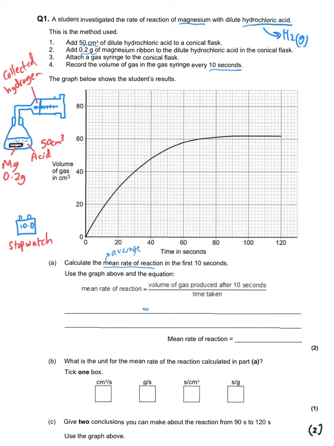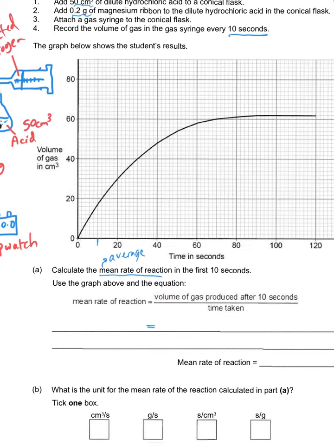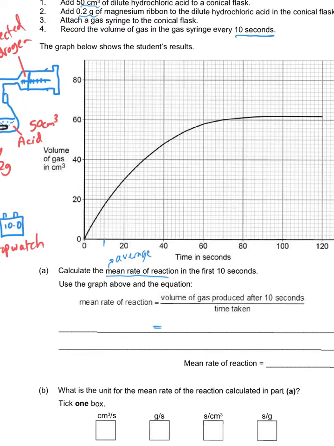So 10 seconds on the x-axis is here. If we zoom in very briefly on this, we will see that at 10 seconds we are here. That is halfway between the 8th and the 9th line, which means this is going to be 17 cubic centimetres of gas. And that, of course, has taken 10 seconds.